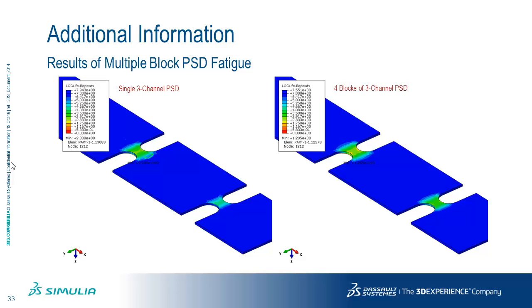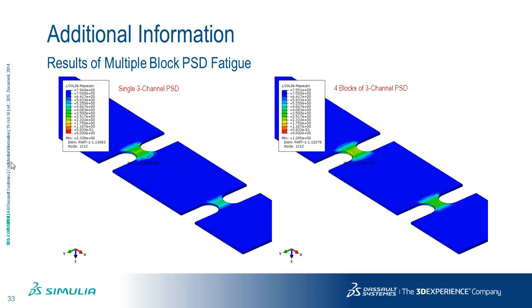And I will show you some examples of doing the multi-block with the multi-channel PSD data. And this is one example that on the left you can see the single block 3-channel PSD analysis, and this is the example of four blocks of the 3-channel PSD on the same structure.